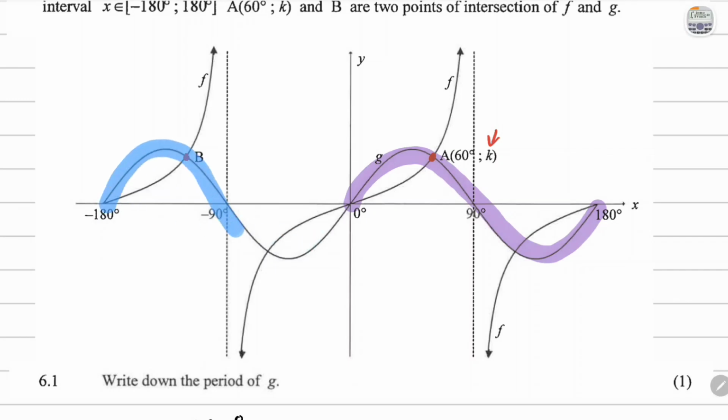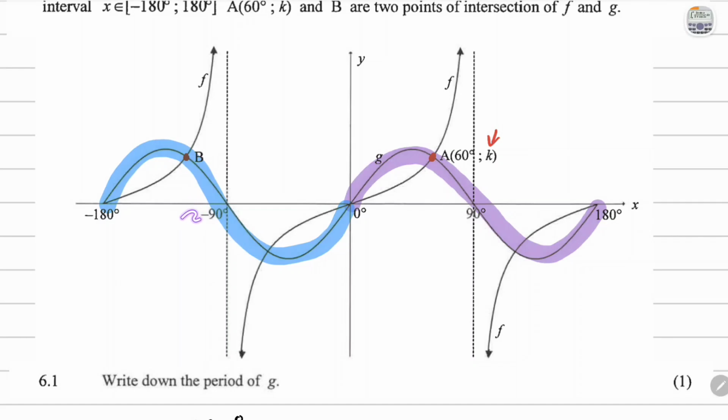So how we would find B is by looking at where B is. These two graphs intersect here, where y is positive, and they're going to intersect again 180 degrees before this, and that's over here.